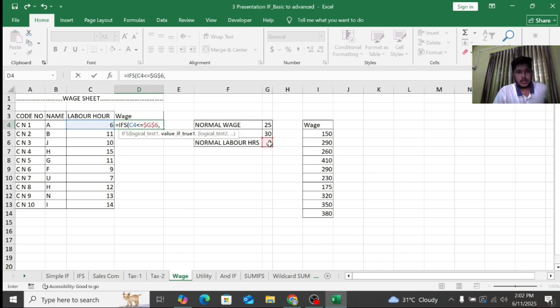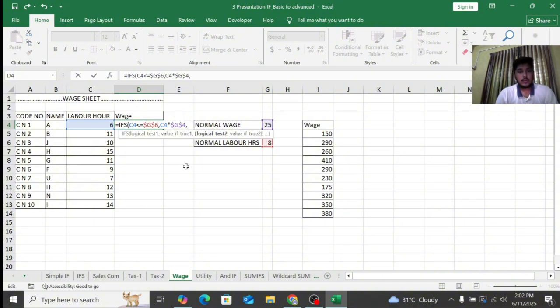Then our pay will be labor hour into normal wage. Okay, labor hour into normal wage, where we can make constant the normal wage.